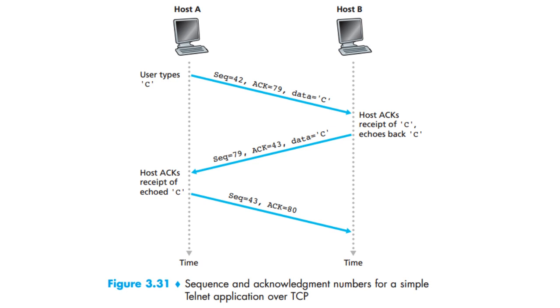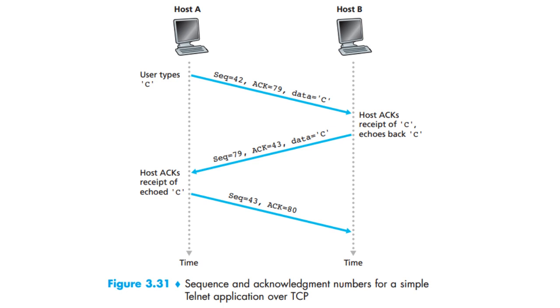The third segment is sent from the client to the server. Its sole purpose is to acknowledge the data it has received from the server. That is, recall that the second segment contained data, the letter C, from the server to the client. This segment has an empty data field. That is, the acknowledgement is not being piggybacked with any client to server data.